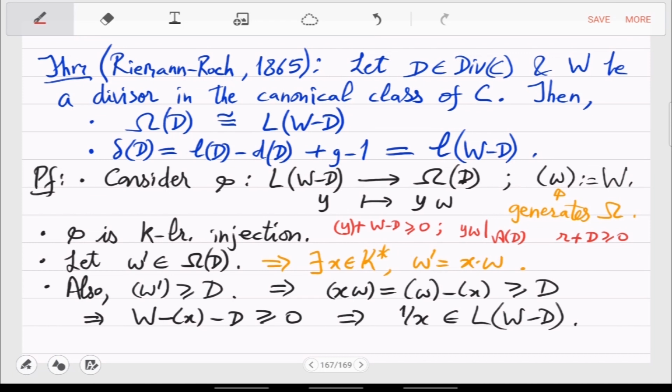Why should it be omega plus x? How is this x omega different? Brackets x omega. They are totally different.